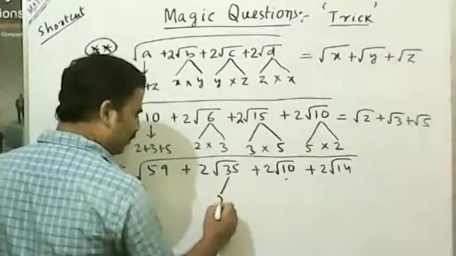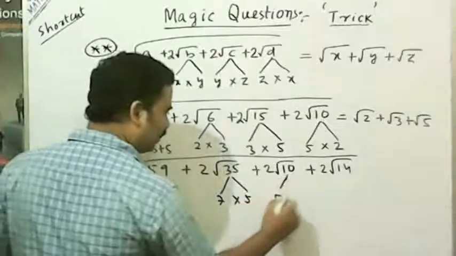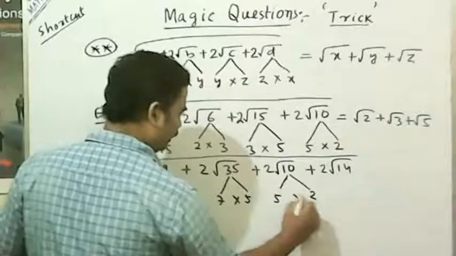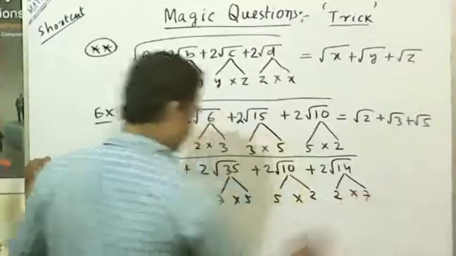You can take 7 into 5, this is 5 into 2, this is 2 into 7.